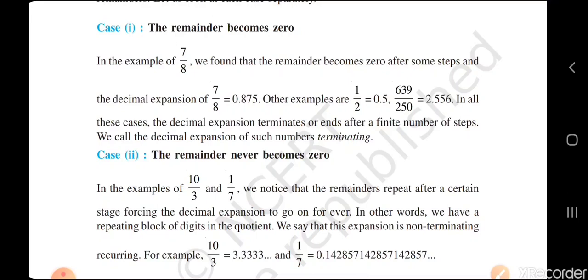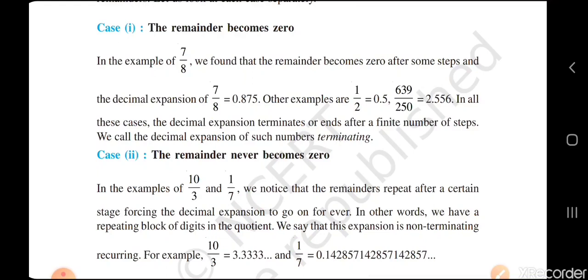In the example 7 upon 8, the remainder becomes 0 after some steps, and the decimal expansion of 7 upon 8 is equal to 0.875. Also 1 upon 2 is equal to 0.5, 3 by 2 is equal to 1.5. So here the remainder becomes 0 after a finite number of steps.